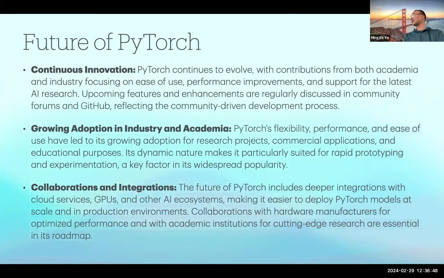So doing it on GPUs and cloud services is very important. And this will help to make it deployed at scale and in production environments. And collaborations with hardware manufacturers for optimized performance and with academic institutions for cutting-edge research are also essential in this roadmap.